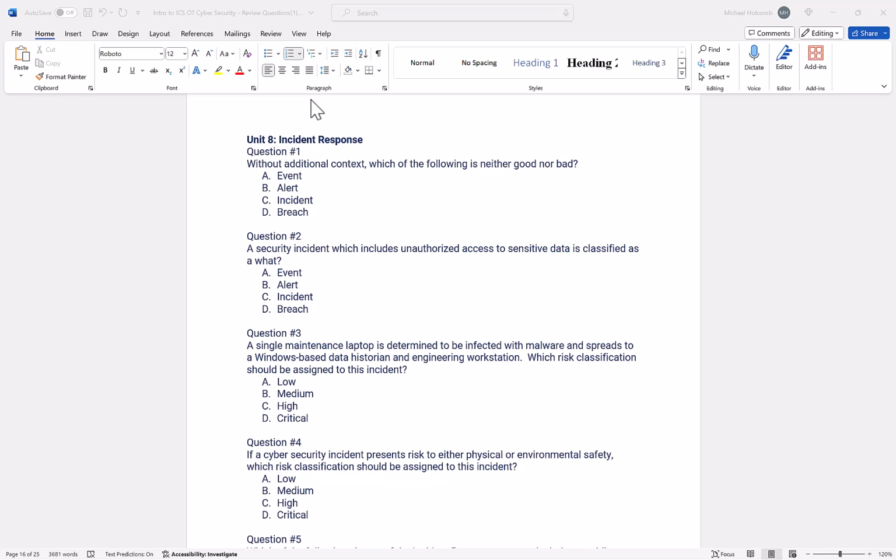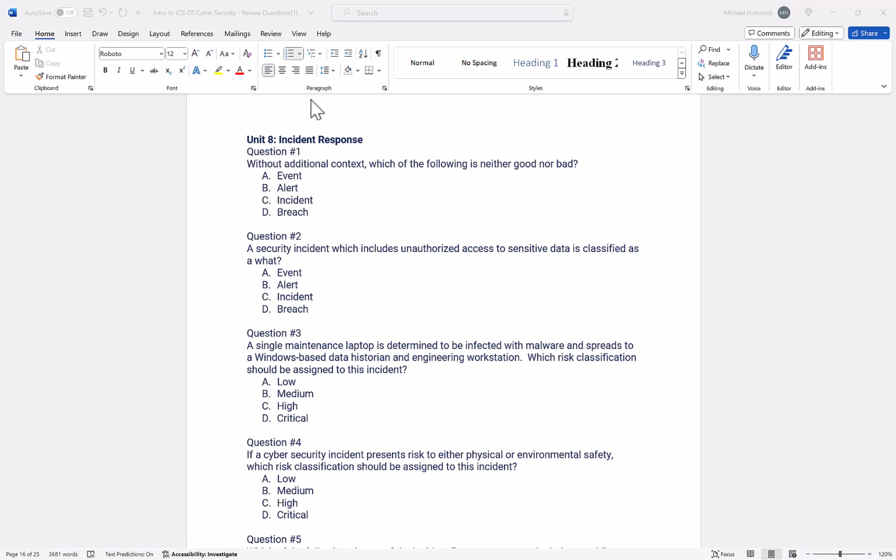If we see Mike's account logged into this engineering workstation, we don't know if it was actually Mike or an attacker. So without additional context, an event is neutral. We need the additional context. So the answer to question 1 is A, an event.